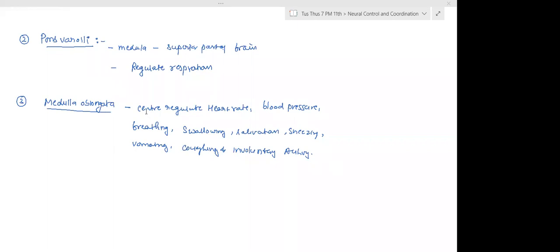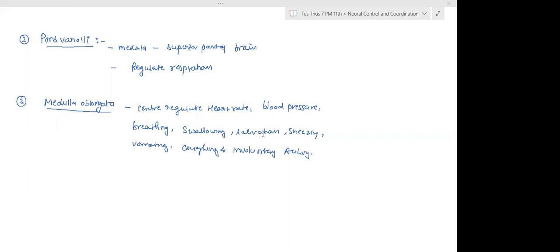So what is the function of the medulla oblongata? The center regulates the heart rate, blood pressure, breathing, swallowing, salivation, sneezing, and vomiting. You see very tasty food, smell it, and salivation starts.